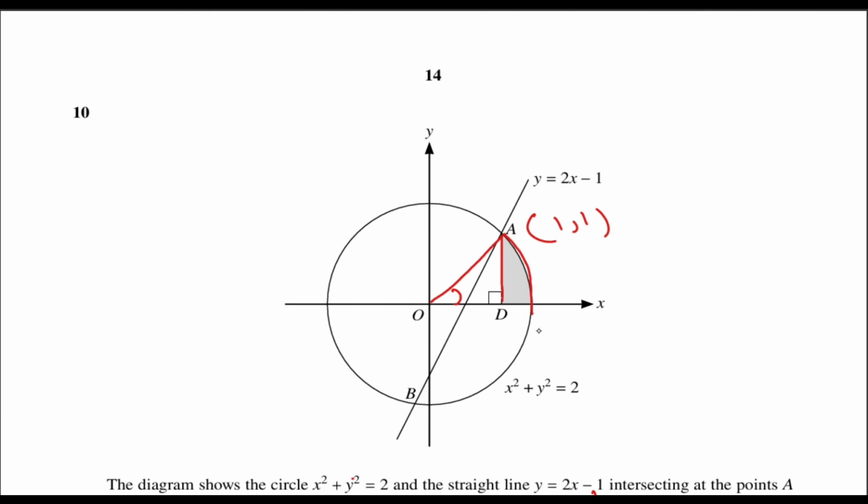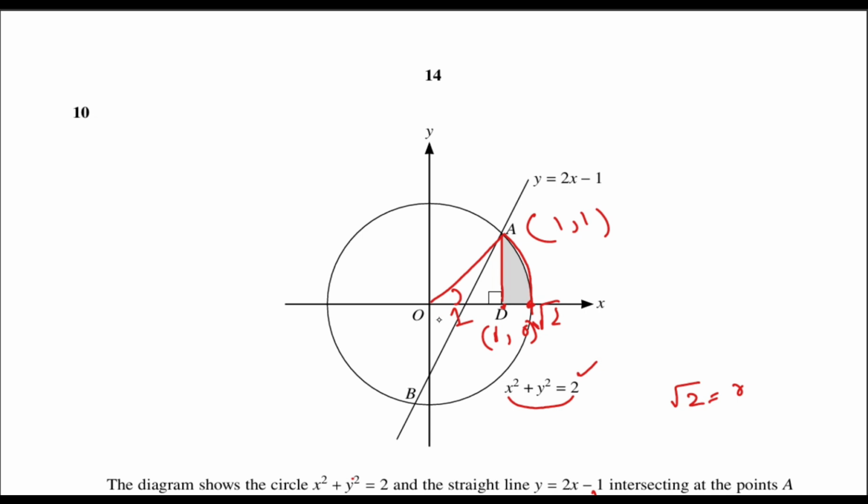This point is equal to root 2, and how did we come to know that? x squared plus y squared is equal to 2, so the radius is root 2. This other point was already calculated as the coordinate 1, 1, so this will be 1 and 0, and this length is equal to 1.